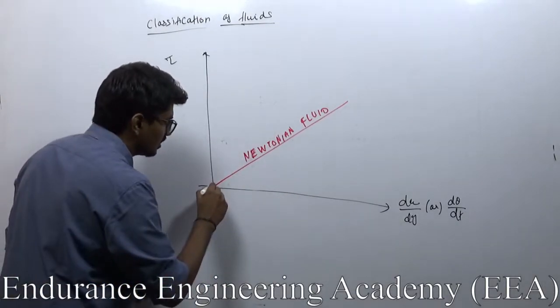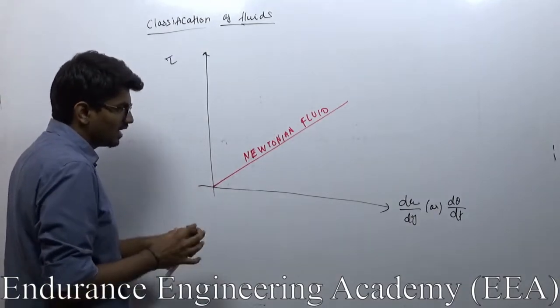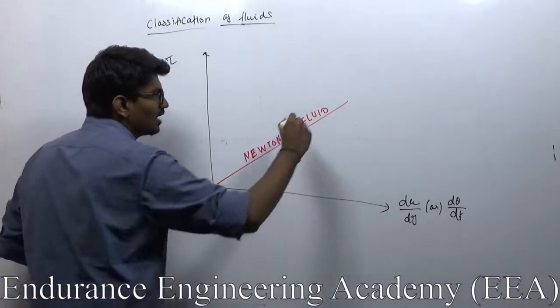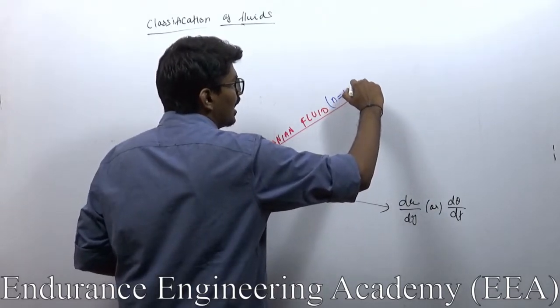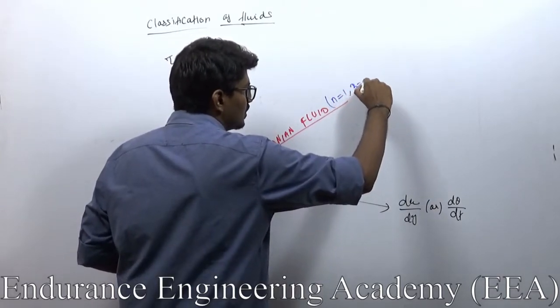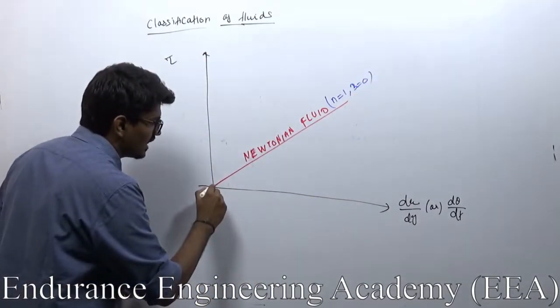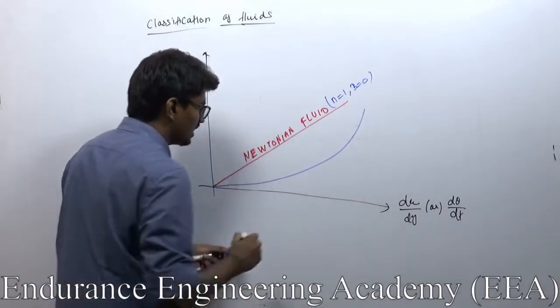Newtonian fluid has n value equal to 1 and b value equal to 0. Next is the dilatant fluid.